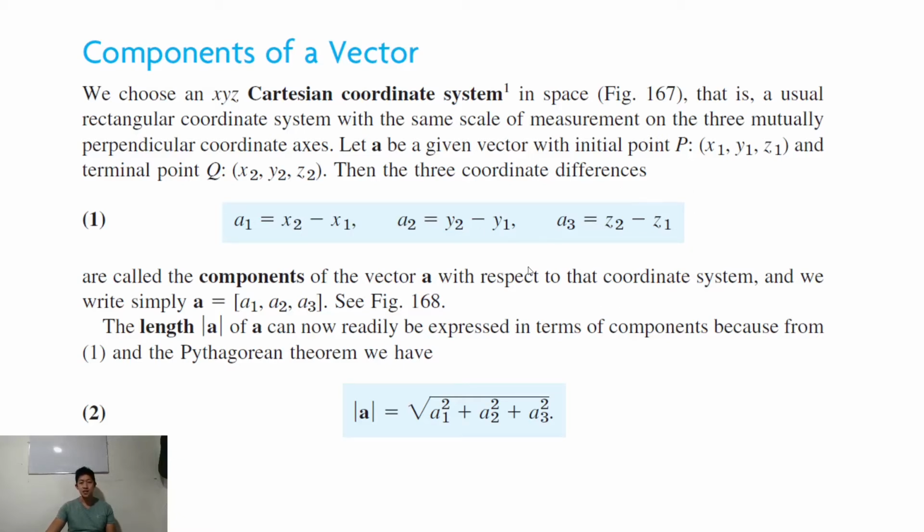Now, if you want to get the length or the norm of the vector, you just square the components of the vector, add them, and get the square root, so you get its length.